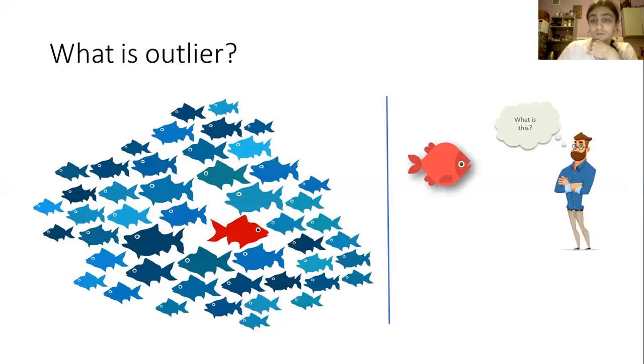And what is actually an outlier? I think when you look at this picture, you might get an idea. Yes, we will talk about this red fish.